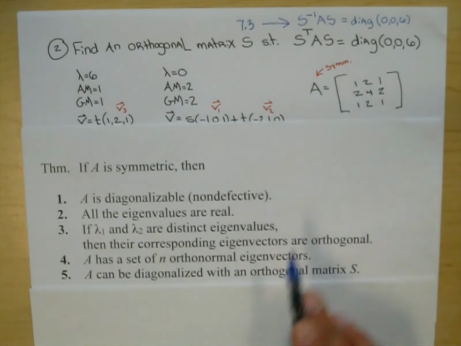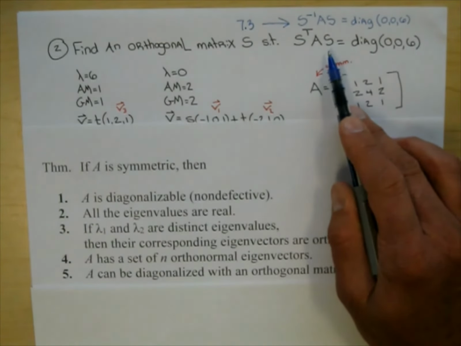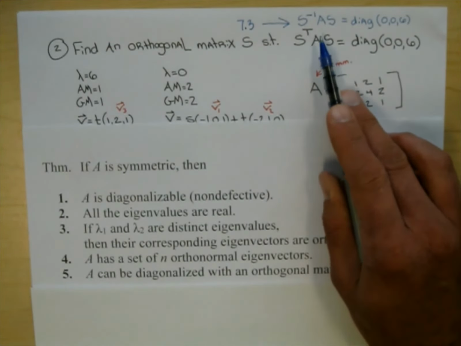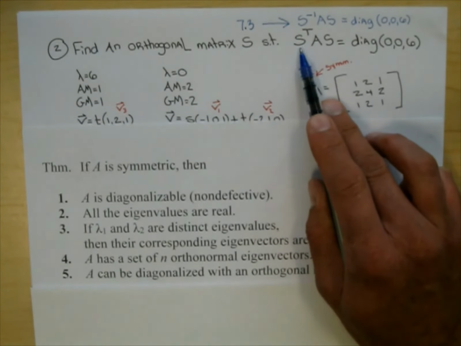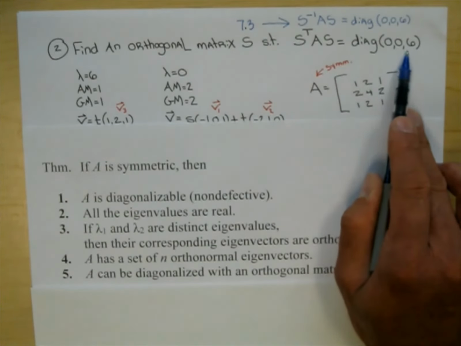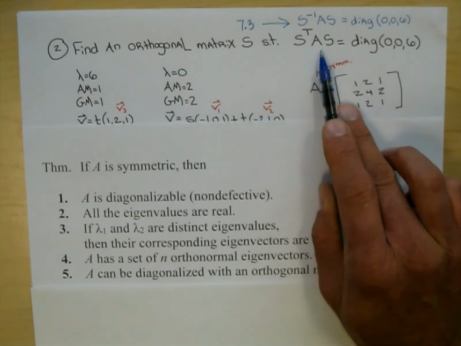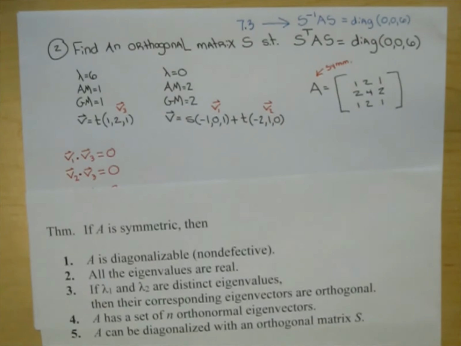But this theorem says we can find an orthogonal matrix where, sure, the diagonal would be the same, but remember, for an orthogonal matrix, S transpose equals S inverse. So they're going to write the directions this way. So we have to find an orthogonal matrix where that will happen.